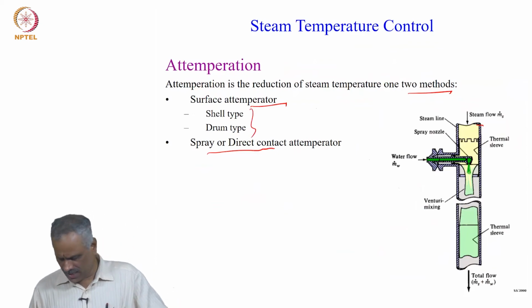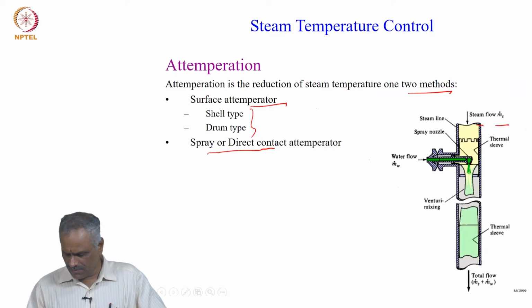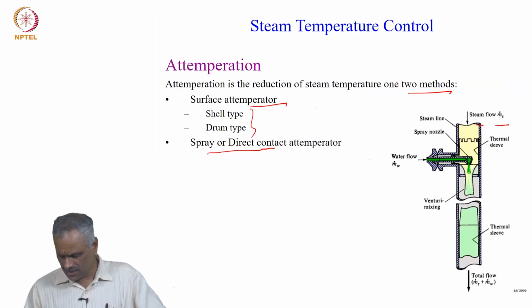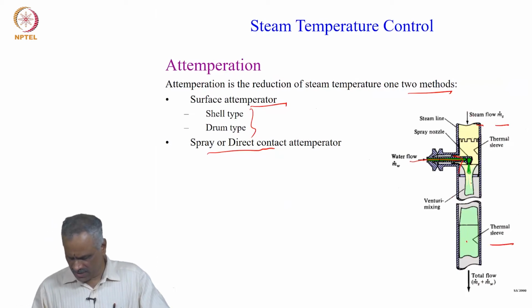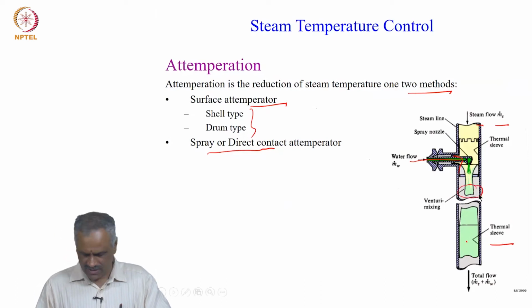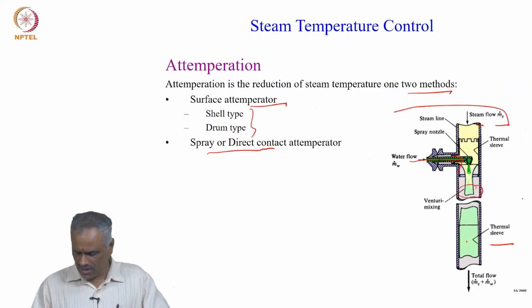Here, the steam with a mass flow rate goes inside, and if the temperature goes up, you put this injection into it. Therefore, the temperature comes down, and there is a thermal sleeve, like a Venturi type of mixing where the steam and the liquid are mixed. This part is called the attemperator.